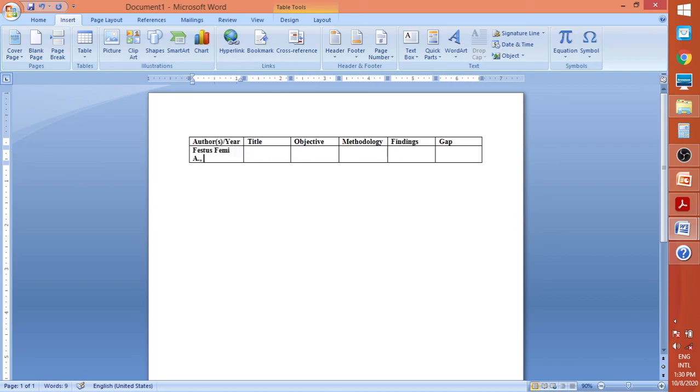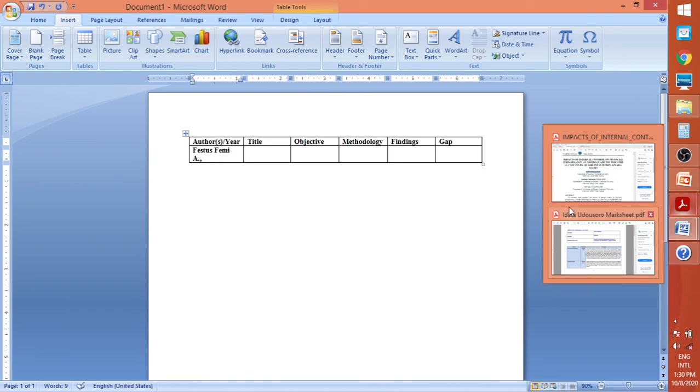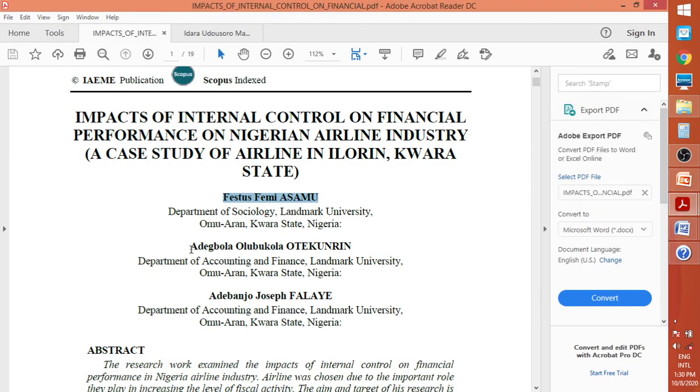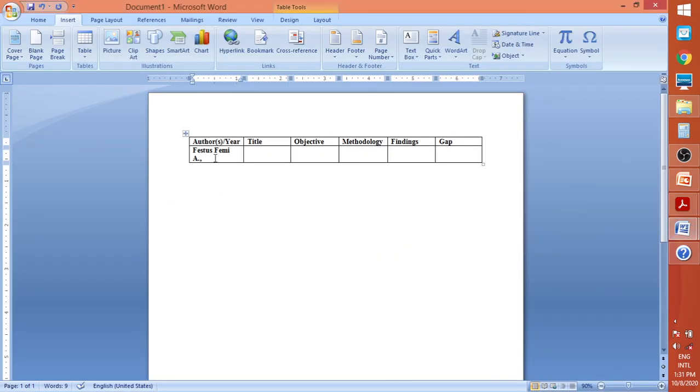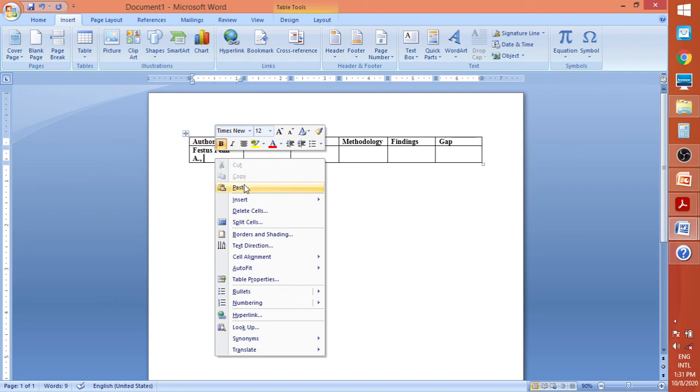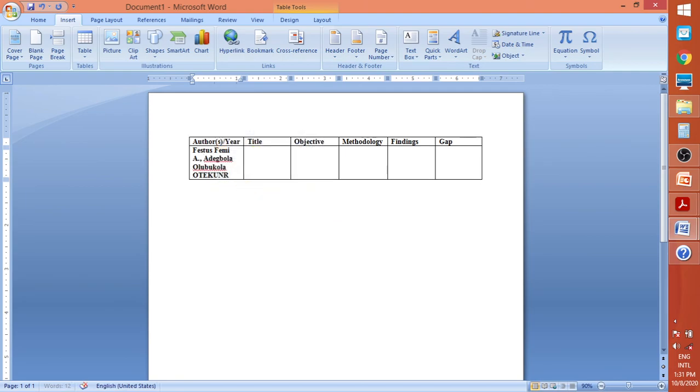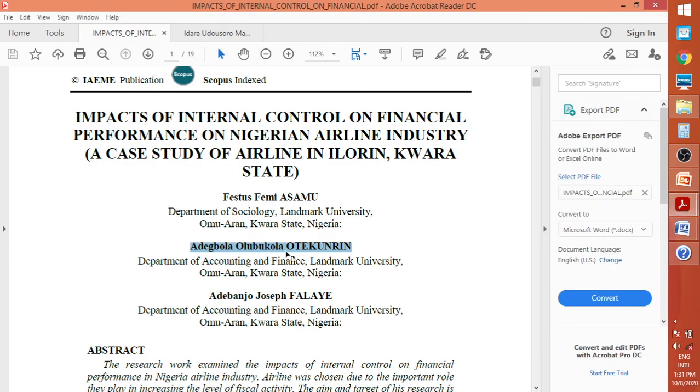For the next name, I'll copy, go back to the article, get the second person's name, then come back here and paste that here. For the last name, I want to use an initial. Then for the last person, since there are 3 people there, I'll get back to the article and get the third person's name.